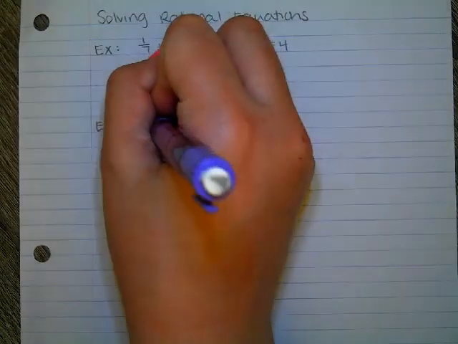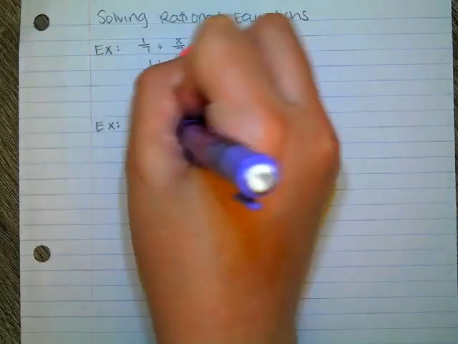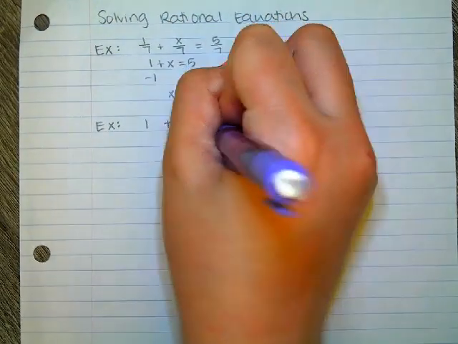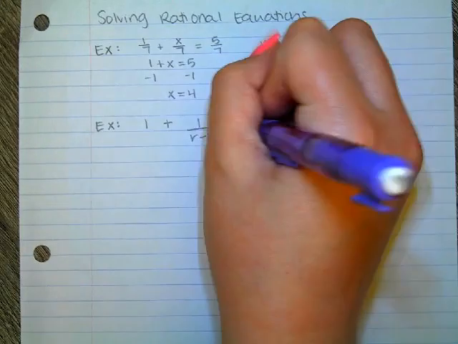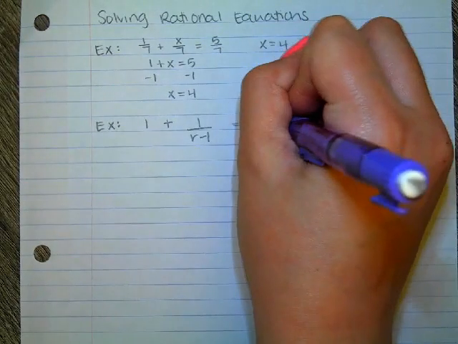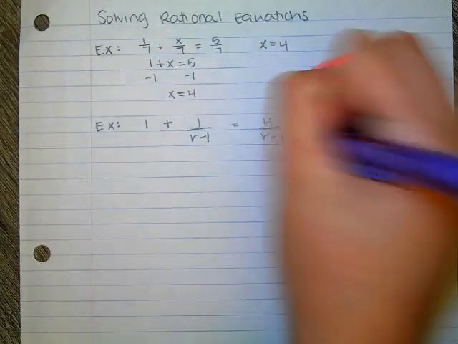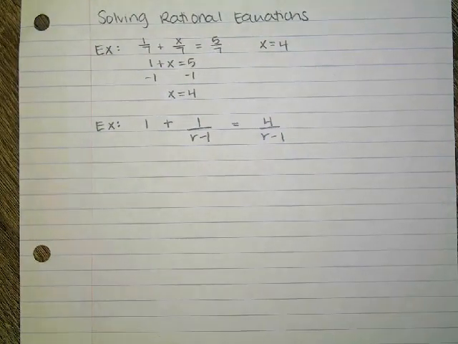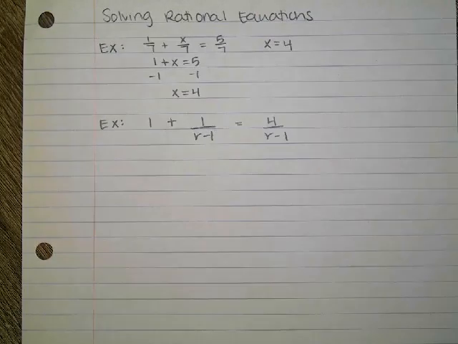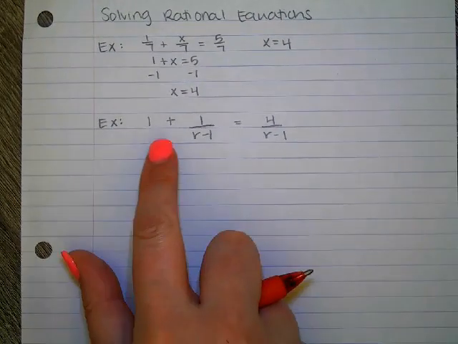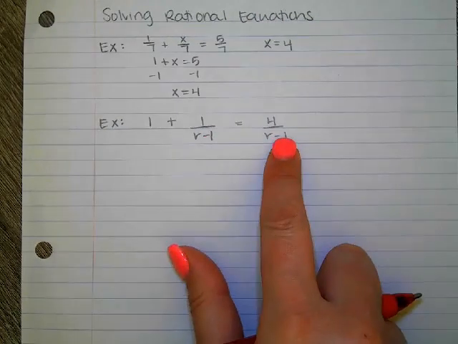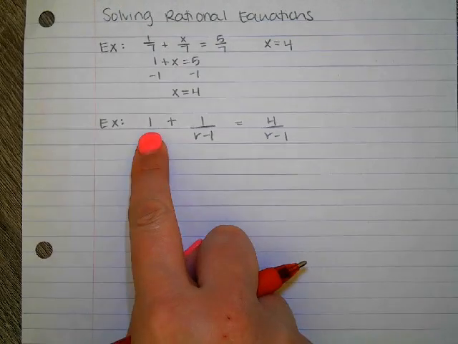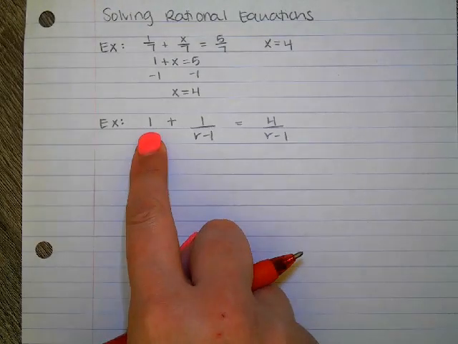All right, so here's our first problem. I'm going to have 1 plus 1 over r minus 1 equals 4 over r minus 1. First things first, I need to get a common denominator so that I can ditch it. This right here is not a rational expression, that's a whole number.